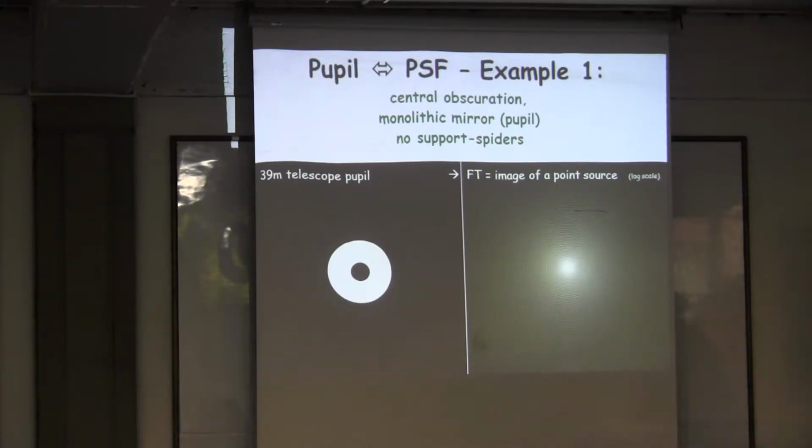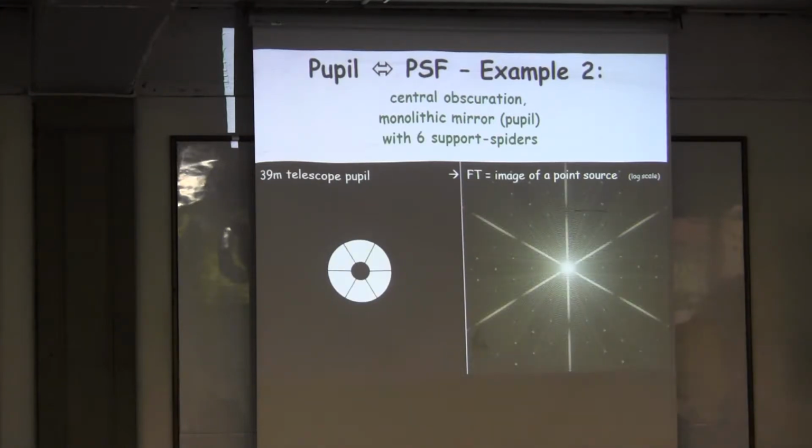Now, next we add a couple of features of our real telescope. So now, this was done for the Extremely Large Telescope. So extremely large means even the secondary mirror here is something like 4.5 meters. That's about the size of the podium there.